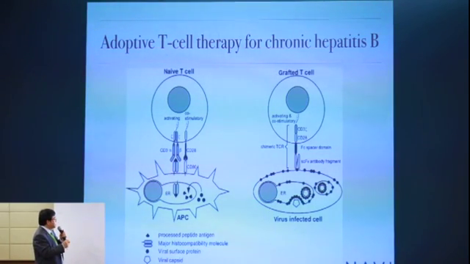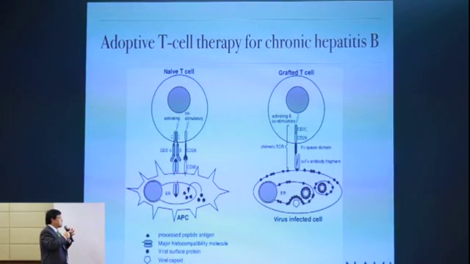Another example is that they use T cells to treat hepatitis B. As we know, a virus hidden inside the cell is very difficult to kill, but some kinds of our immune cells, like CD8 T cells and natural killer cells, could kill the cells infected by virus.